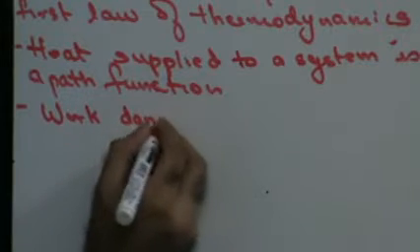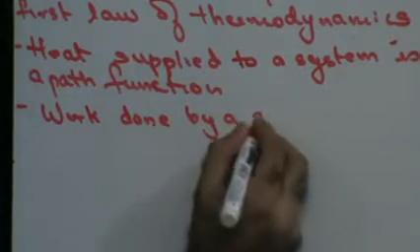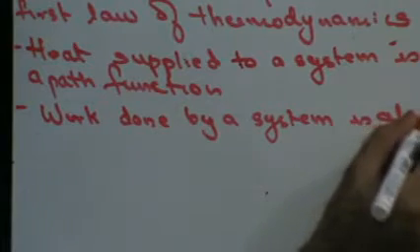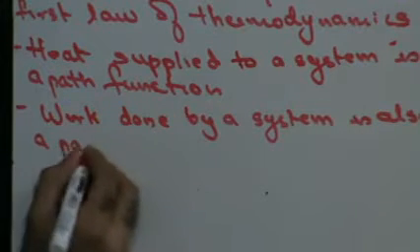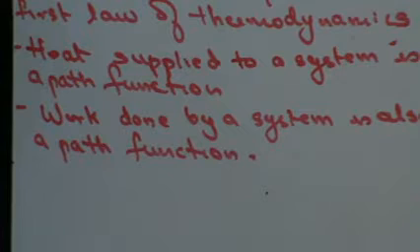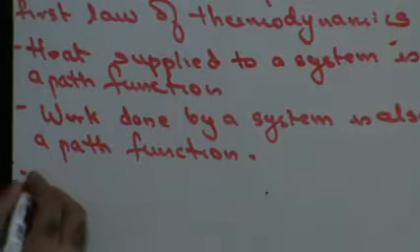Work done by a system is also a path function. Therefore the difference between these two path functions is the state function, which is known as internal energy.